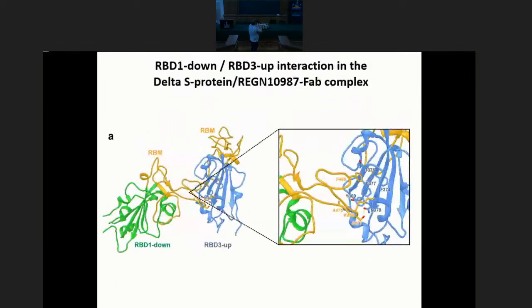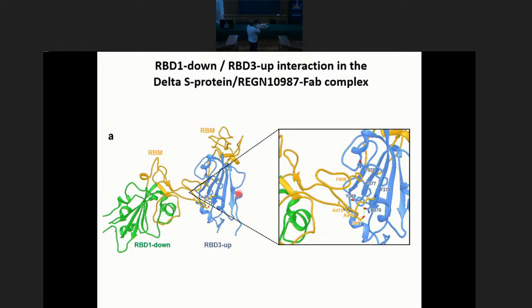Our structure permits us to answer some questions that could be addressed about the active spike protein. For example, the literature frequently discusses that the interaction between the RBD down domain and the RBD up domain should support the movement of this domain to an up position, the activation of the spike protein.